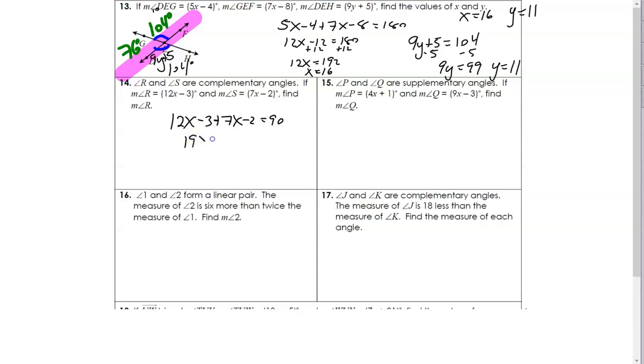So it gives me 19x minus 5 equals 90. So 19x equals 95. So that means x equals 5. So now that x equals 5, we can go ahead and plug that in.